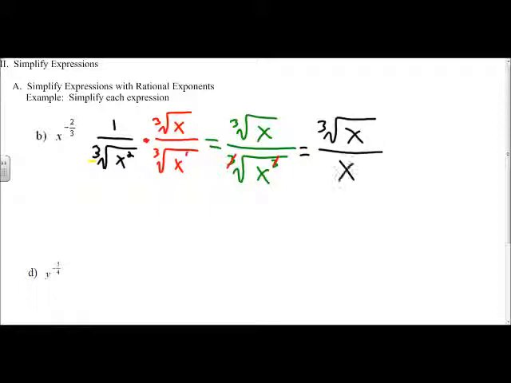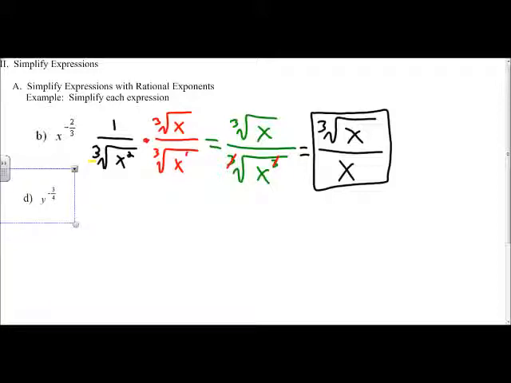When we multiply these out, 1 times cubic root of x leaves cubic root of x, and the cubic root of x squared times the cubic root of x leaves the cubic root of x cubed. The cube and the cube kind of cancel each other out here, and we're left with the cubic root of x over x. And so in the end, this is our final answer.